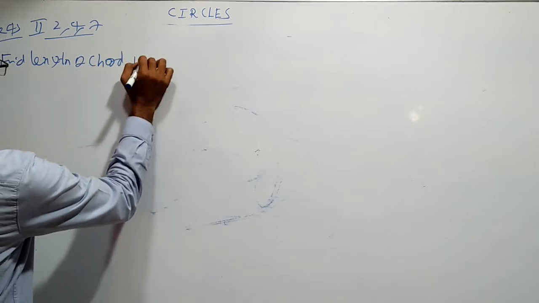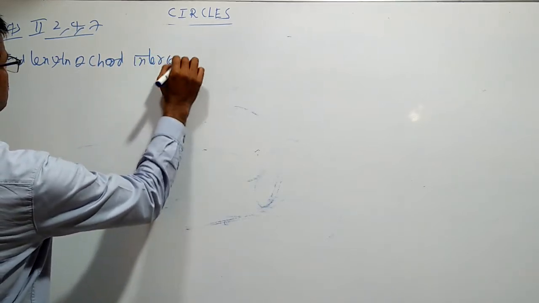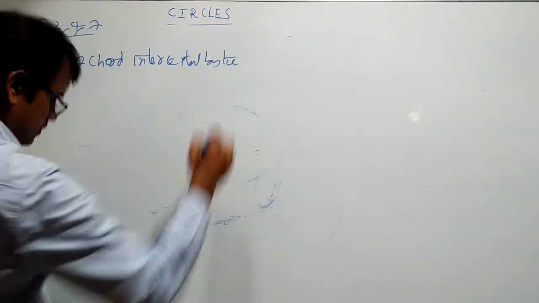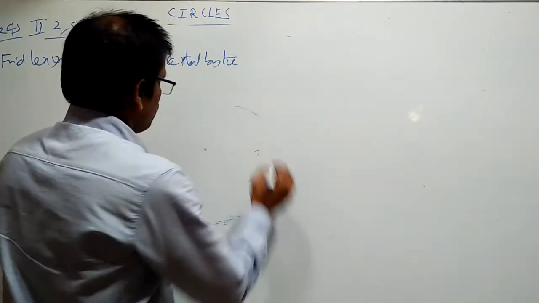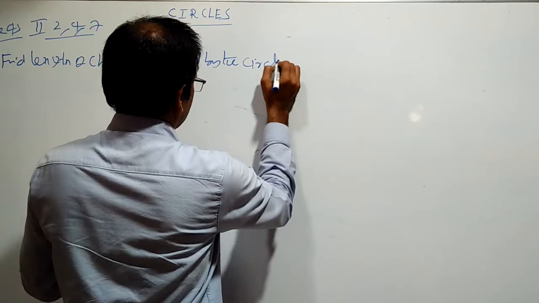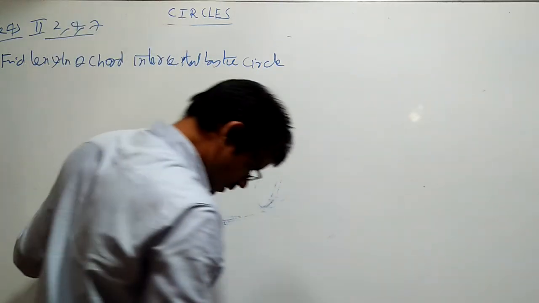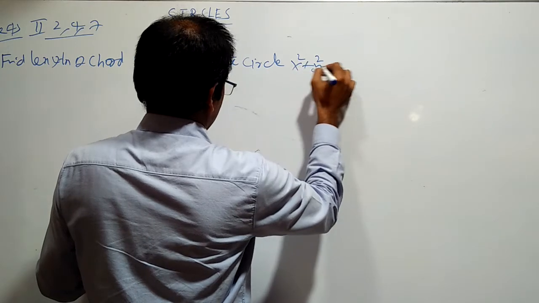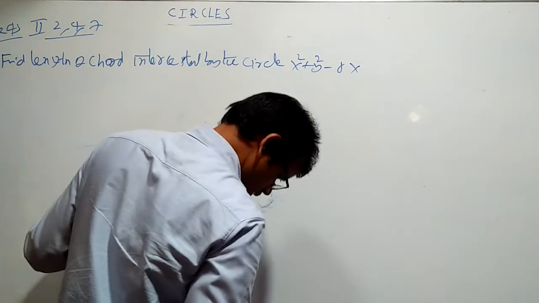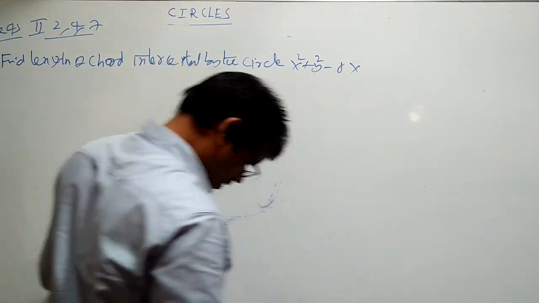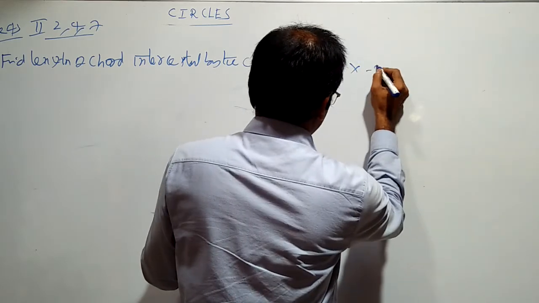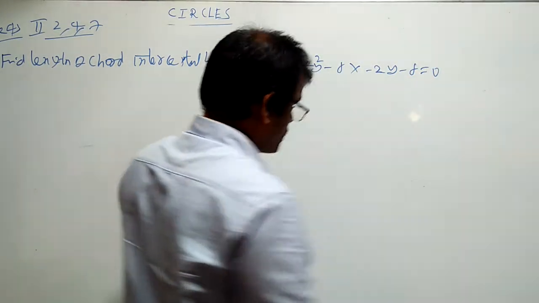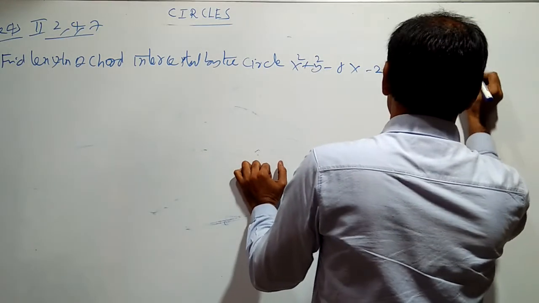Find the length of chord intersected by the circle x square plus y square minus 8x minus 2y minus 8 equal to 0 on the line.